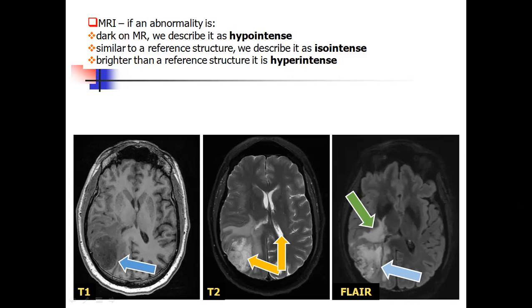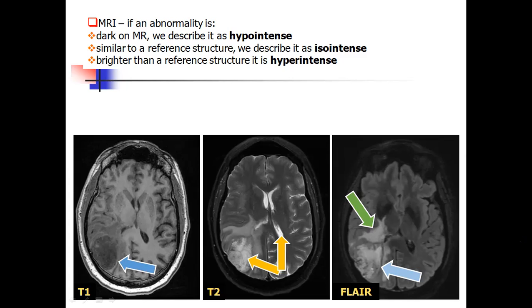On this T1 weighted sequence, the right parietal occipital lobe mass is less intense than adjacent parenchyma and is therefore hypointense.